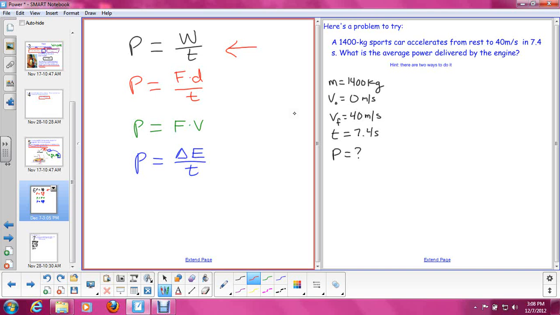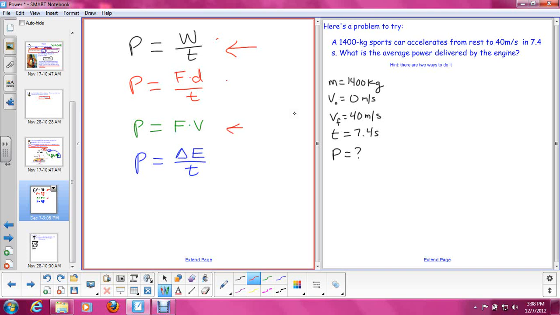But we are given information about the change in the speed of this car. A change in velocity doesn't directly have to do with work. We could get there with a little bit of jumping around, but it doesn't directly have to do with it. Force times distance has nothing to do with speed.